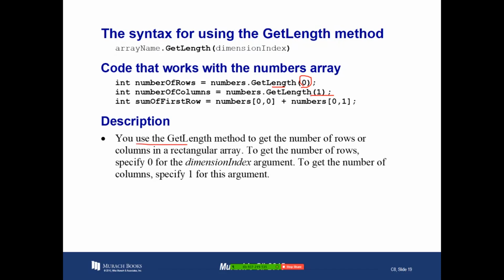So you use the GetLength method to get the number of rows or the number of columns in a rectangular array. To get the number of rows, you specify 0 for the dimension index argument. And to get the number of columns, you specify 1 for this dimension index argument.